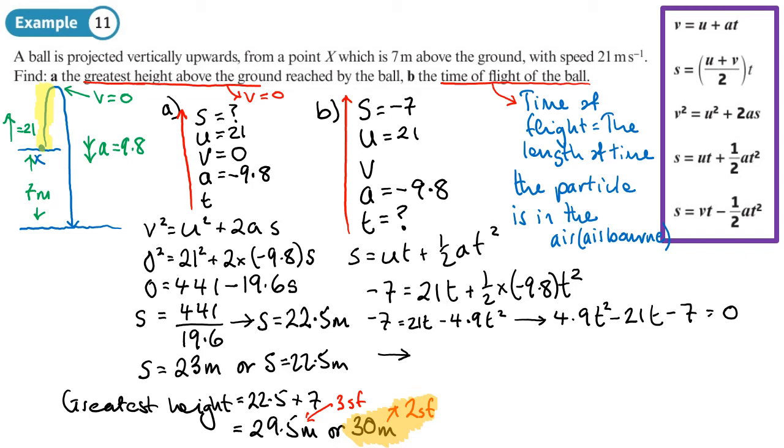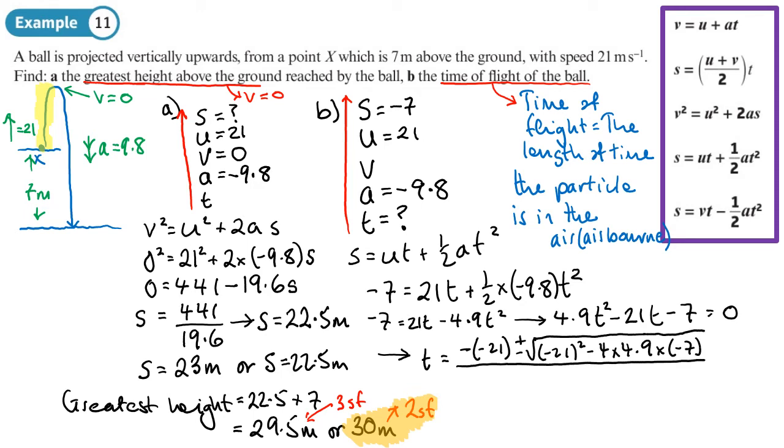So T is going to equal -b, so minus -21, plus or minus the square root of b squared, so -21 squared, minus 4 times a, 4.9, times c, which is -7, all over 2a. So that's all over 2 times 4.9.